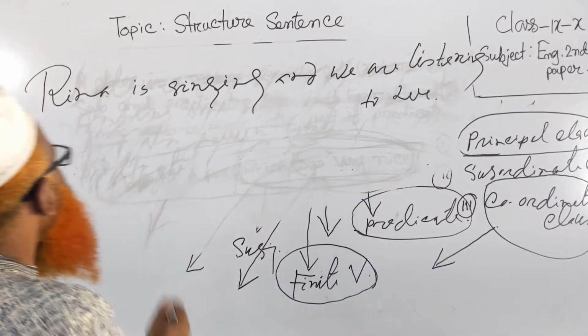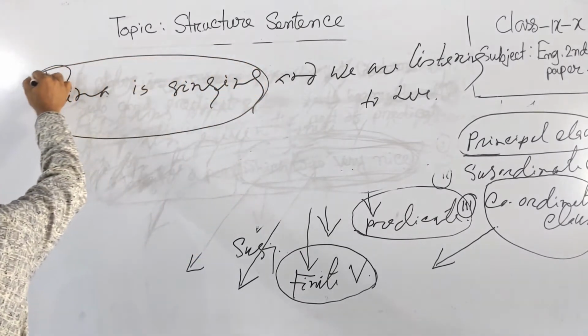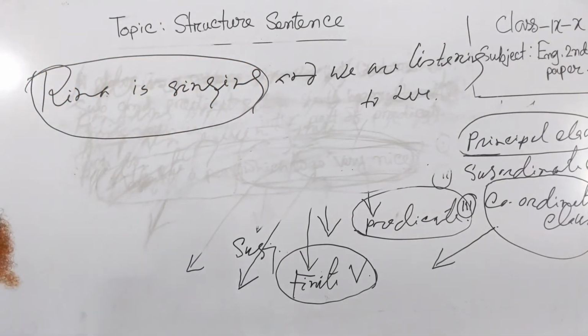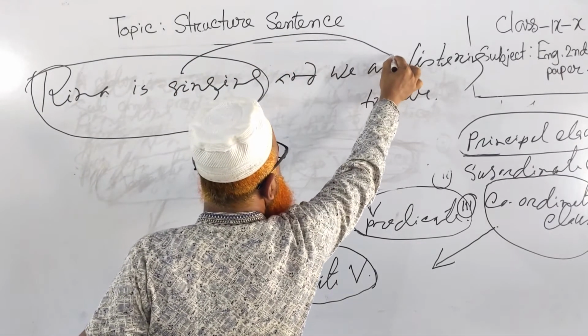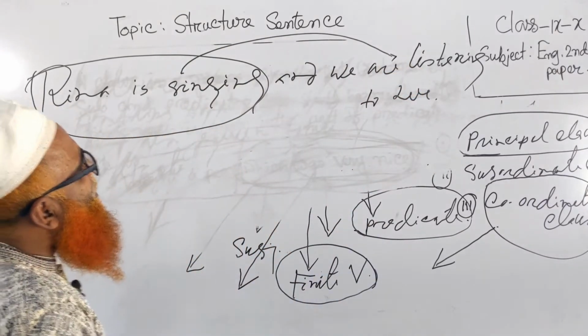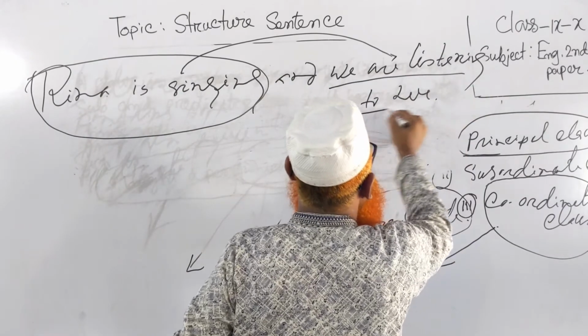Here, Rina is singing is a principal clause because it does not depend on another clause. We are listening to her is another principal clause.